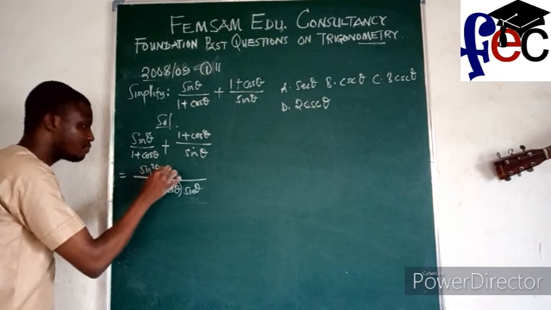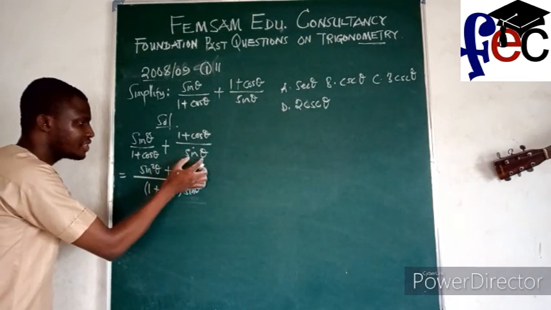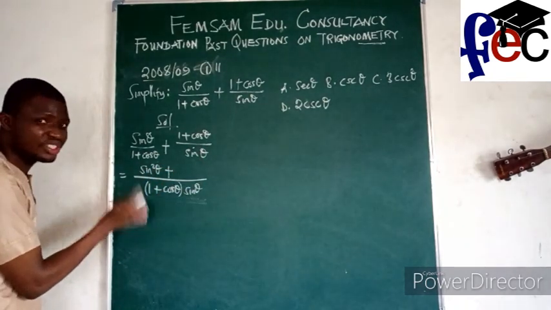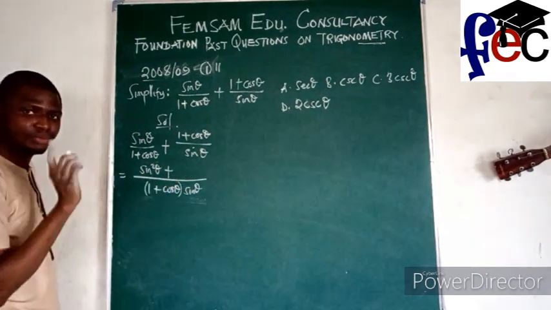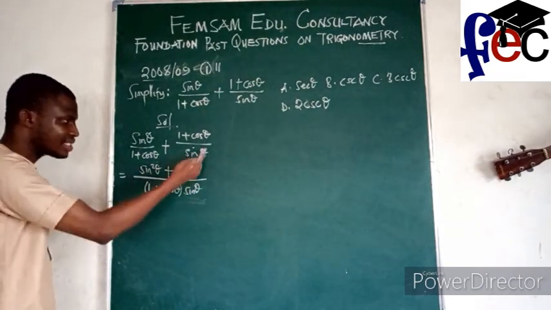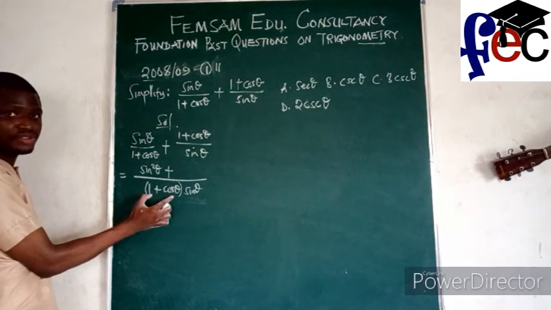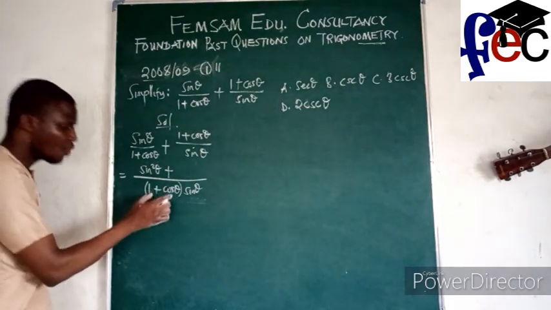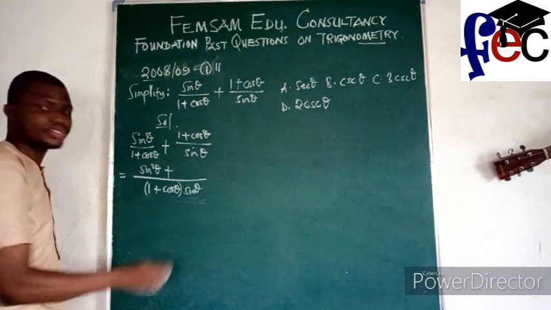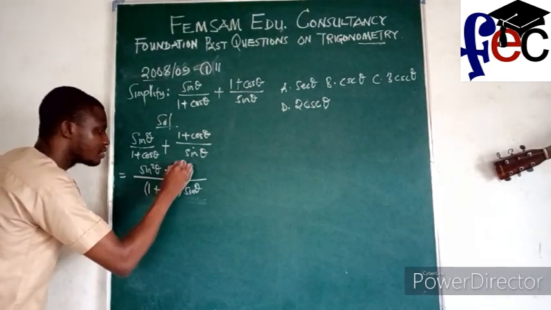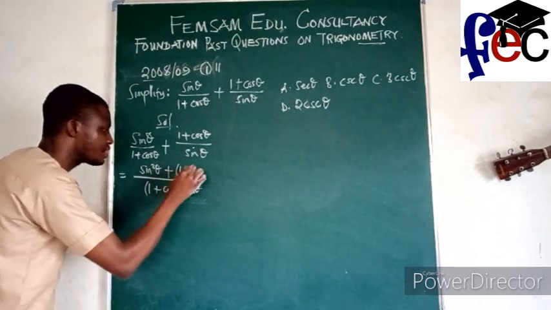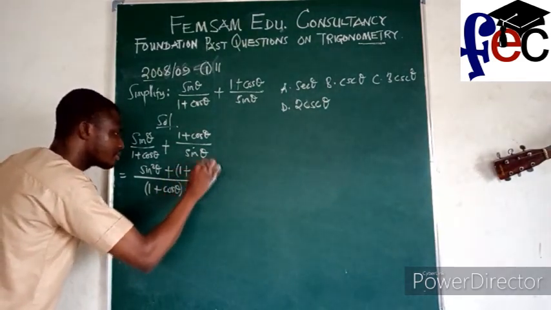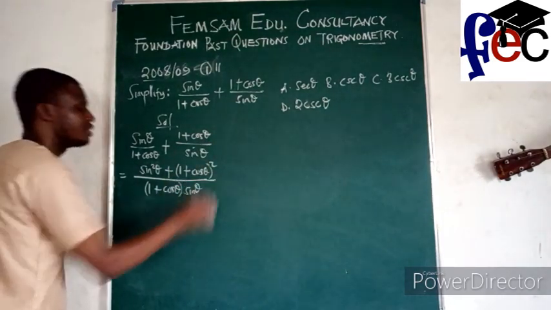The same way, how many of sine theta are we going to get in this expression? It's like saying this expression divided by sine theta. Sine theta will terminate sine theta, and we'll be left with 1 plus cos theta times 1 plus cos theta. That will give us 1 plus cos theta all square.